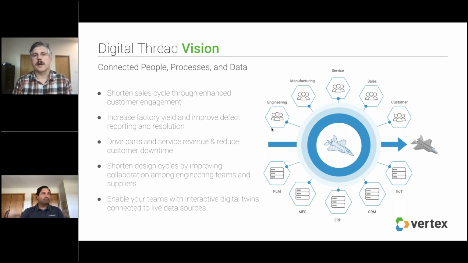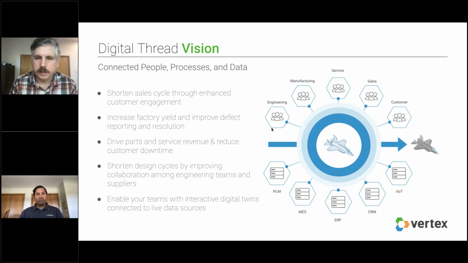Really what we're talking about with the digital thread, and I know a lot of people have different definitions, for the purposes of this webinar, the digital thread is the connected web of people, processes, and data. All of those things are creating digital artifacts. All of those digital artifacts are related to the product in some way, and the digital thread is the way to keep all those things together so that you can trace and query across that entire life cycle of the product.